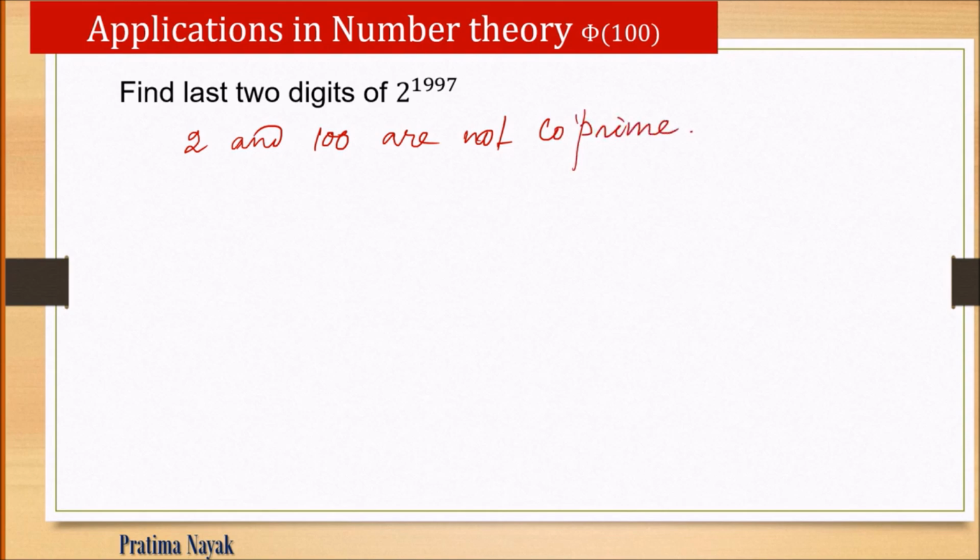So we can go in another way. 100 can be written as 4 and 25. So once I'll find modulo 4, once I find modulo 25, then we will calculate. Or you can calculate by other method what I have discussed in other videos.